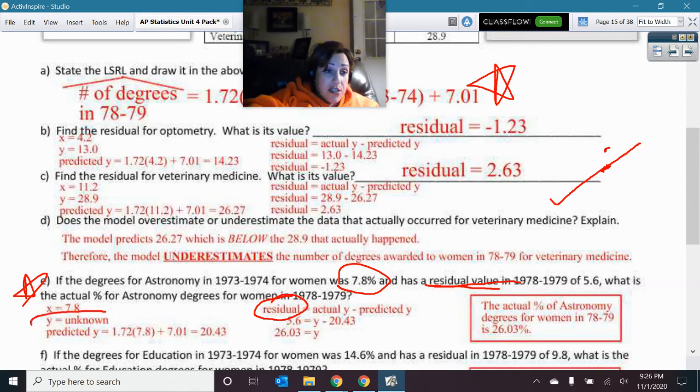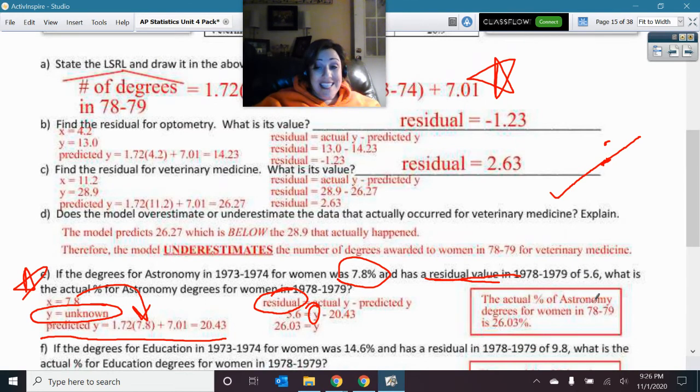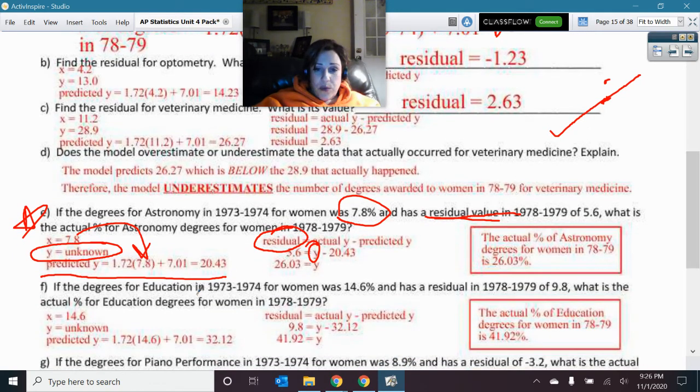Looky here, the actual Y is unknown. But remember, I can get the predicted Y by plugging the X into the prediction equation. So now I have residual equals actual Y minus predicted Y, and the actual Y is the unknown that I solve algebraically for. So there's how I get my answer, that the actual percent of degrees in astronomy for women was 26.03%.